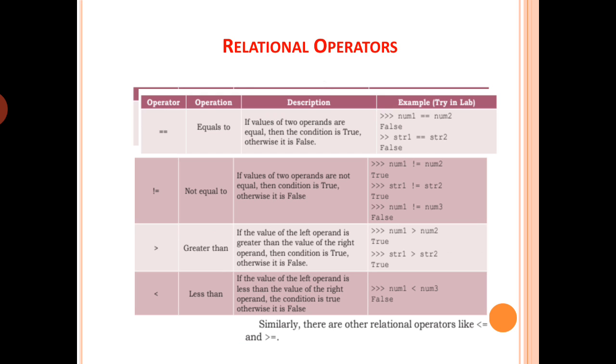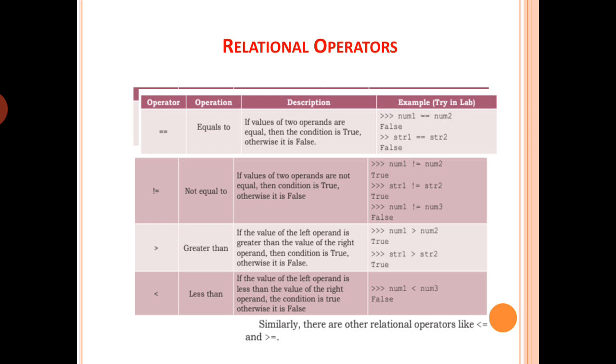Not equal to. If value of the two operands are not equal, then the condition is true, otherwise it is false. Greater than. If the value of the first operand is greater than the value of the second operand, the condition is true, otherwise it is false as explained with the help of the example.